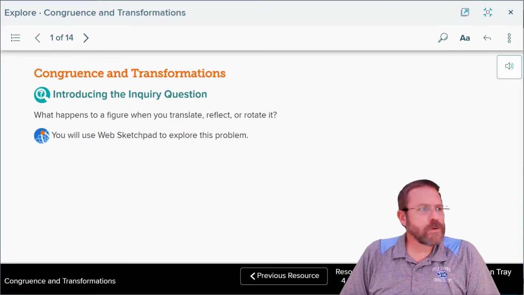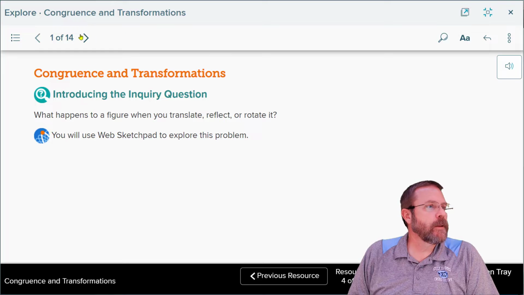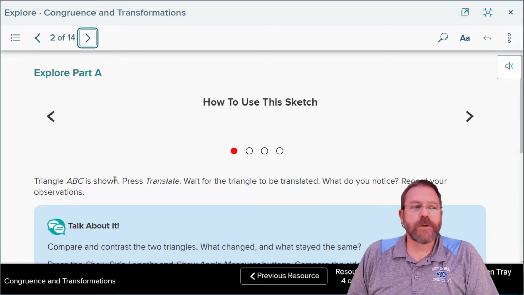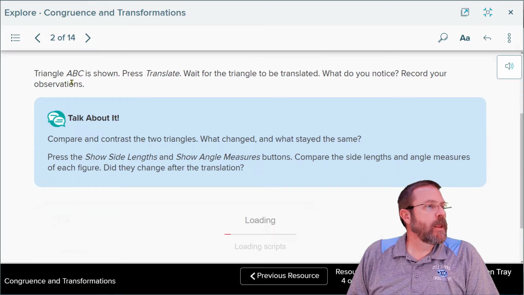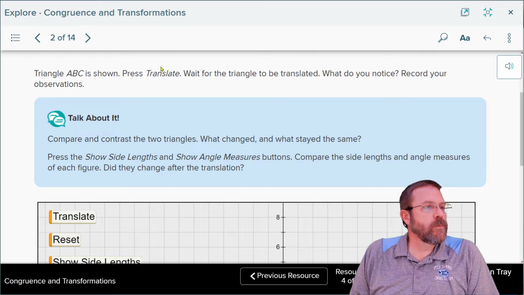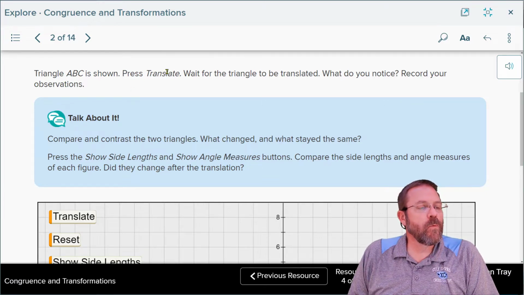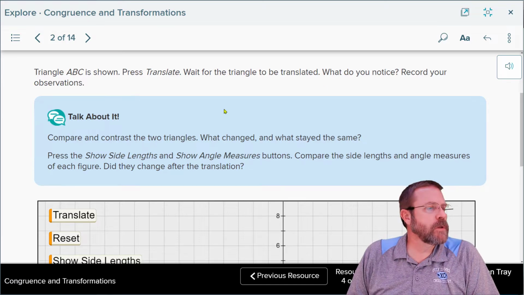Our inquiry question asks, what happens to a figure when you translate, reflect, or rotate it? And we're going to use a little web sketch here to look at that information. Triangle ABC is shown. We're going to press translate and wait for the triangle to be translated and then figure out, well, what do we actually notice?